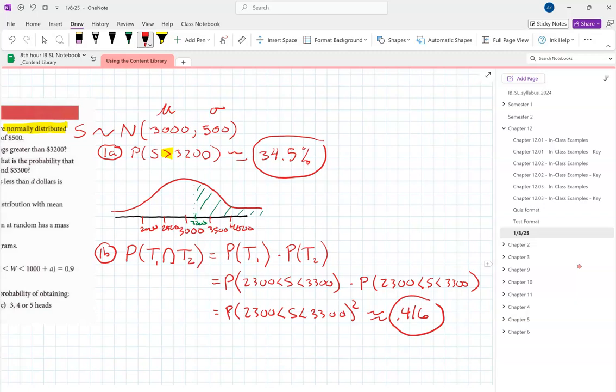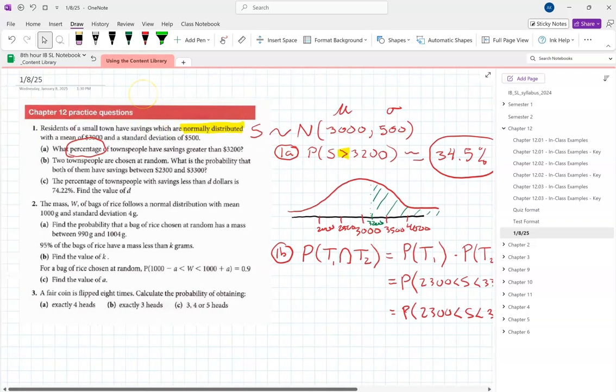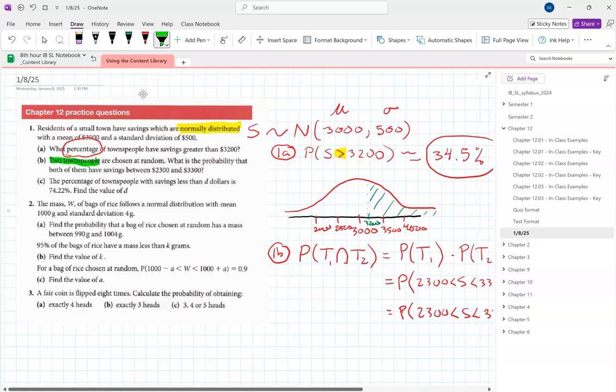Does that feel okay? What's the point of putting the key T1 times T2? Well, it's because it says there's 2 townspeople. So this is townsperson 1 and townsperson 2.